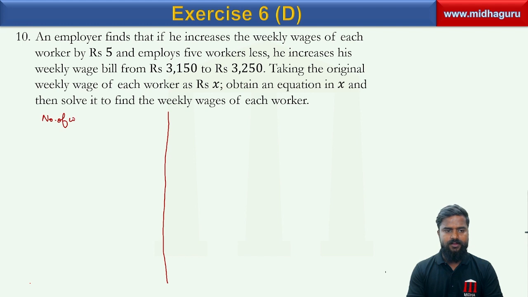So the number of workers originally would be 3150 by how much he was paying each worker, that is x.